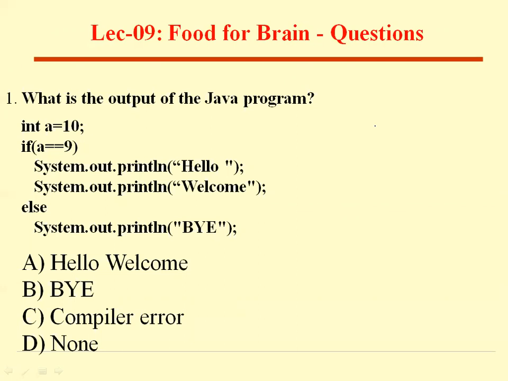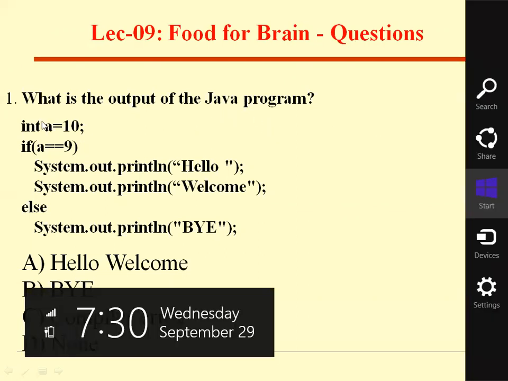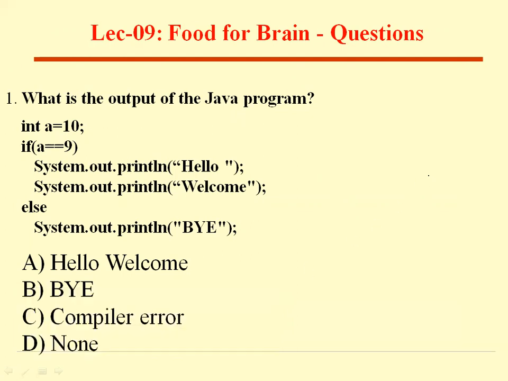Let us look into the question. What is the output of the Java program? Say our variable int a is equal to 10, then if a equals 9, system.out.println hello, and system.out.println welcome, else system.out.println y. A, B, C, D are given here.